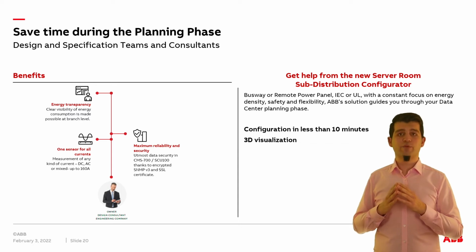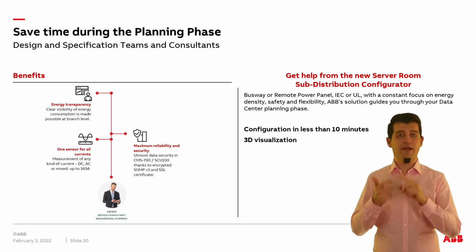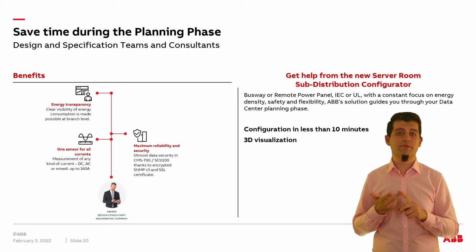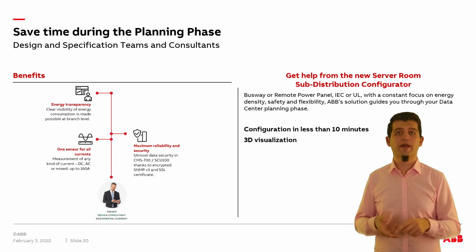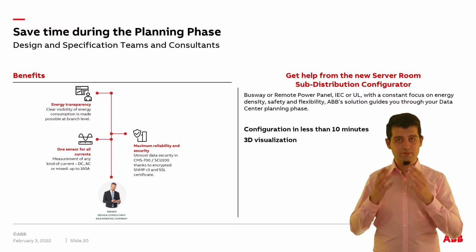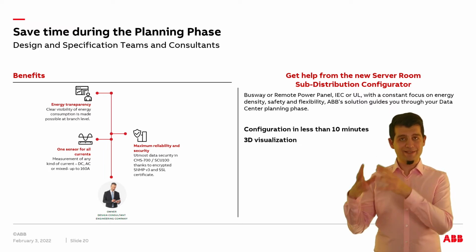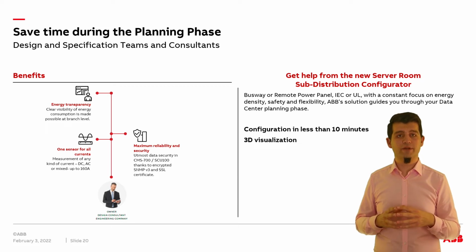With CMS, we also have one sensor for all currents, for AC, for DC, and also for mixed currents up to 160 amps. A maximum reliability and security when it comes to cybersecurity inside of the CMS 700 unit or the InSite Pro-M unit, thanks to encrypted SNMP protocol.